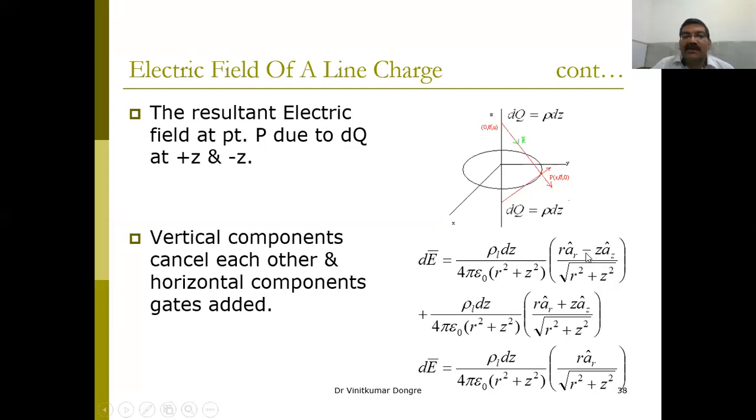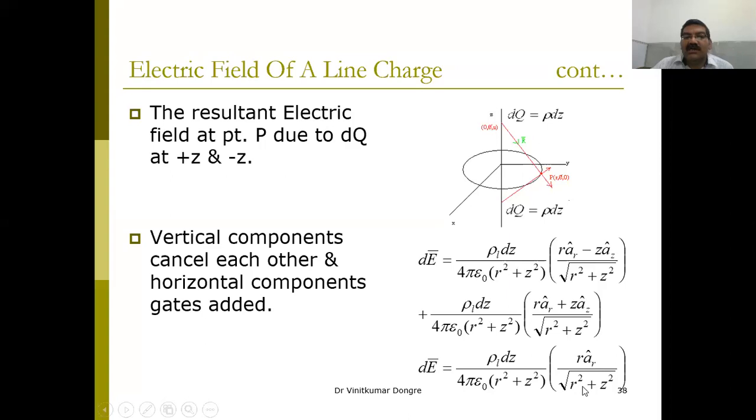Only the z differs: one is plus z and the other is minus z. The rest of the things are the same. So plus z minus z again becomes 0. So this is your addition. So rho L dz upon 4 pi epsilon 0 r squared, and this r ar.